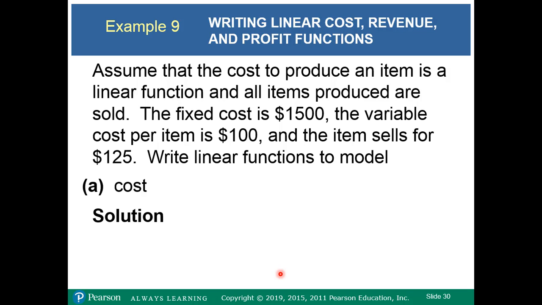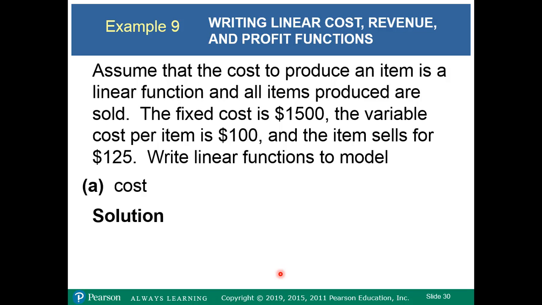So let's start with the cost function. What's the cost function? It's going to be the combination of the fixed cost and the cost per item, or the marginal cost. Well, what's the fixed cost? $1,500. What's the marginal cost? That's the amount it costs to manufacture or build each item.